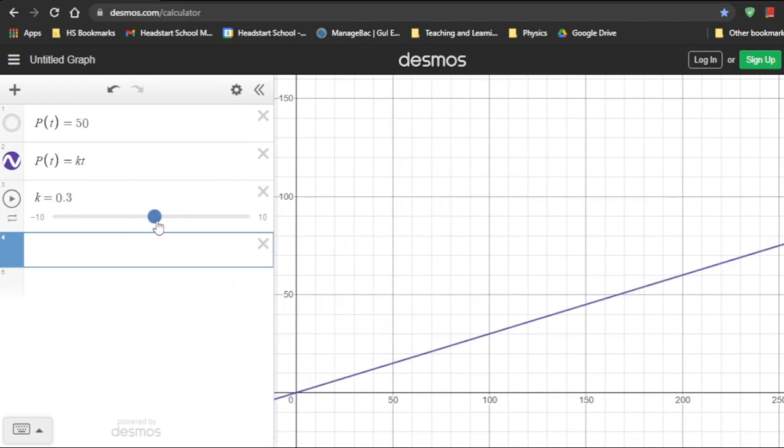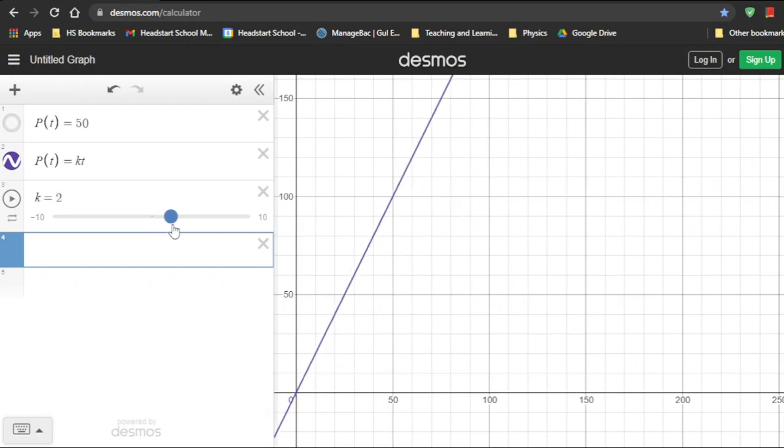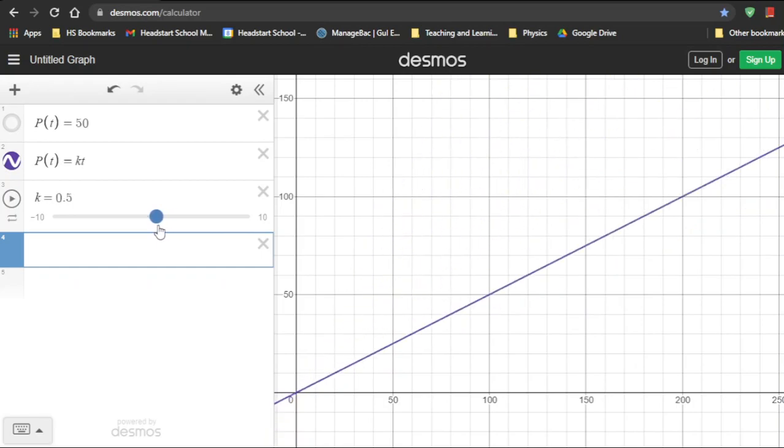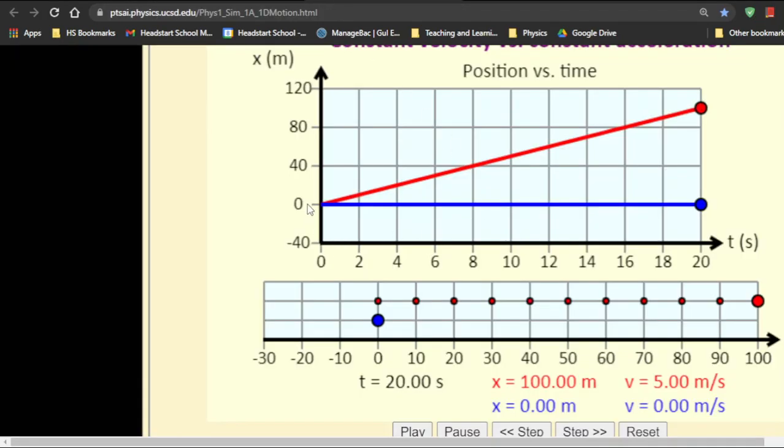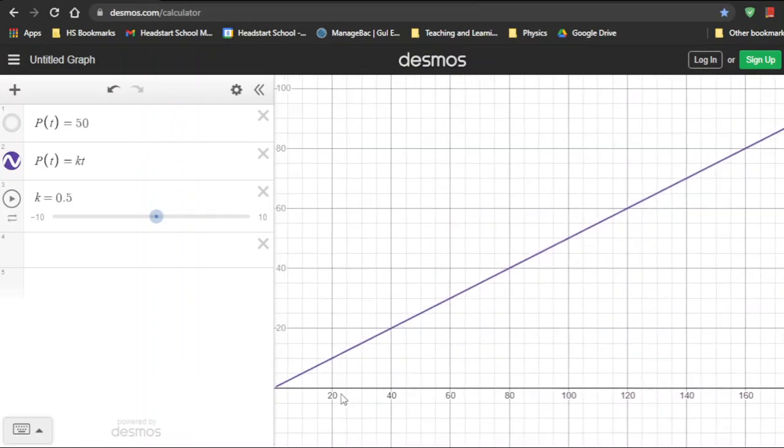Could we adjust this graph in such a way that it would give us this relation? We would need to adjust this graph in such a way that for every 8 seconds this car covers 40 meters. Can we do that? Let's try. Let's zoom in.